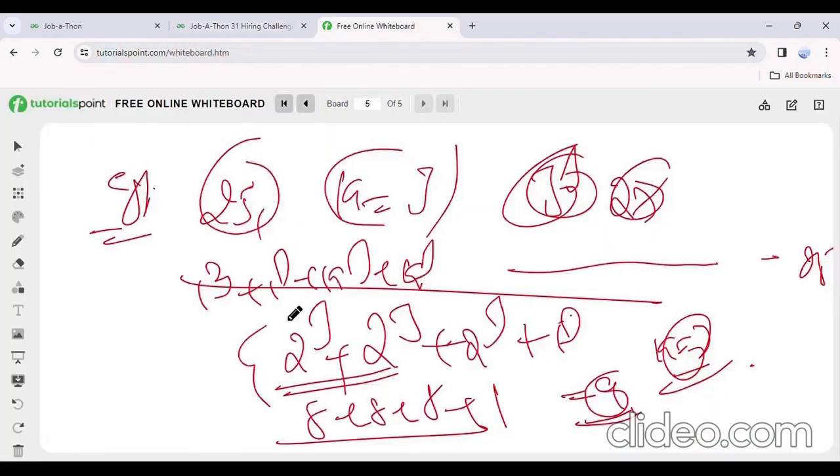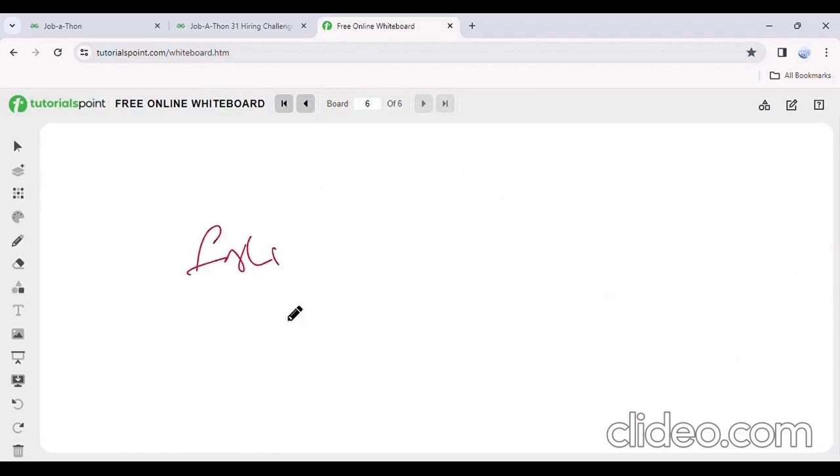Here what I am doing is taking a for loop. I am going from 1 while power of i comma k is less than or equal to n, and I am moving.